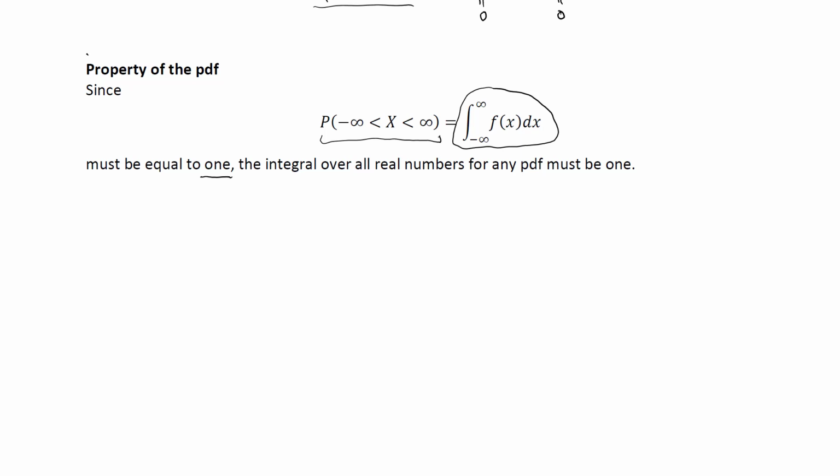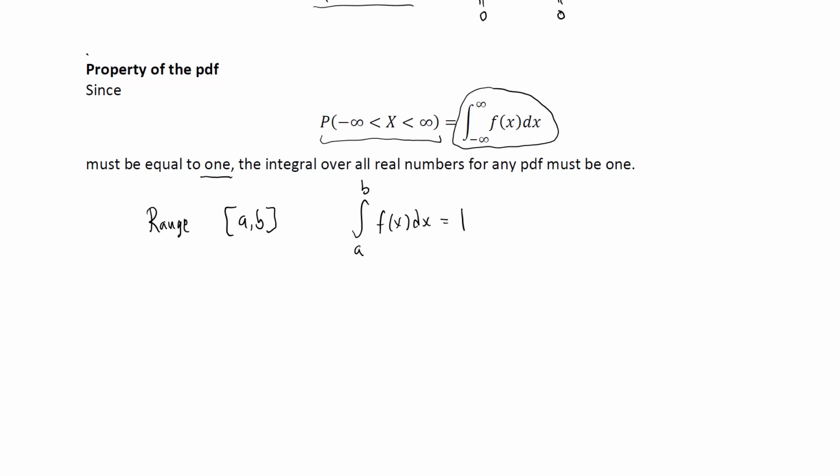If the range of X turns out to be something different than minus infinity to infinity, for example, if I have a range of my random variable X which is just from a to b, well, in that case it's the integral from a to b of f of x dx that must be 1.